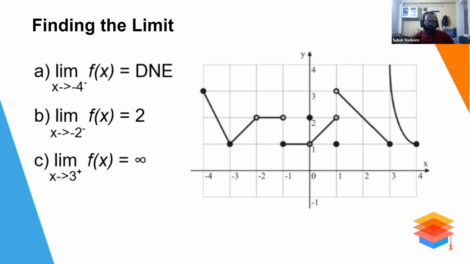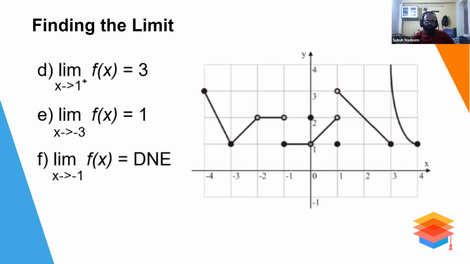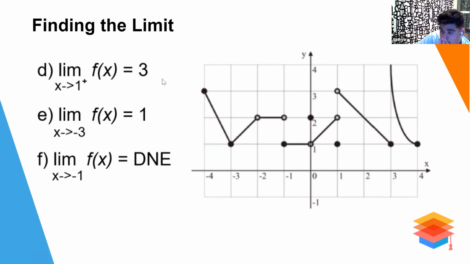Now let us move on to the next slide. x approaching 1 plus, f(x) is 3. So 1 plus is slightly right of 1. What is the output? It is 3. We get 3. You're getting nothing.